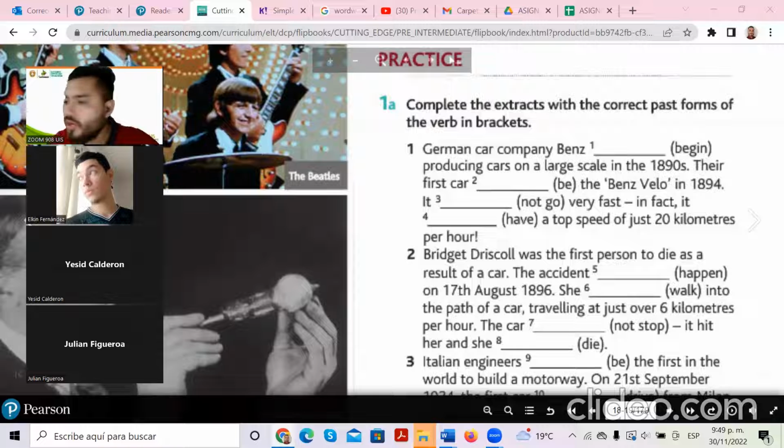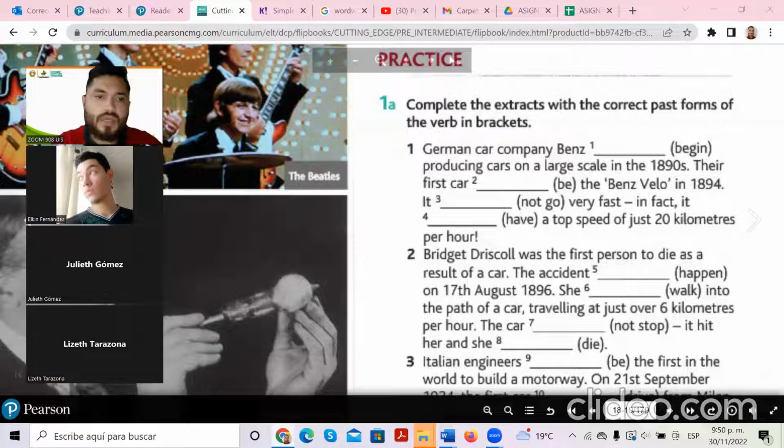Number 2. Bridget Driscoll was the first person to die as a result of a car. The accident happened. Regular verb, yes? That's correct. Listen to me. Happened. Final D does sound. So the accident happened on the 17th of August, 1896.